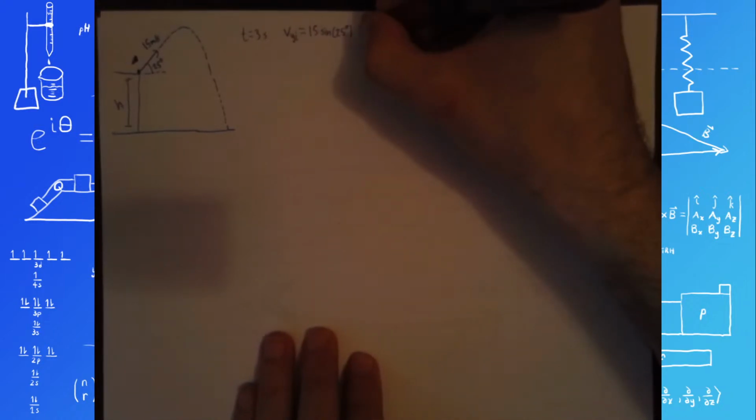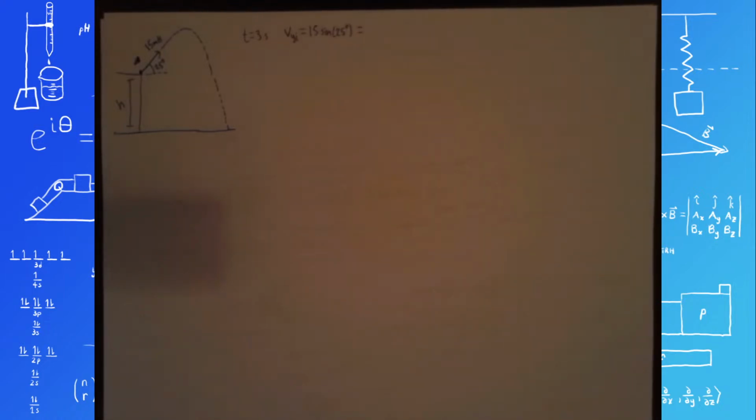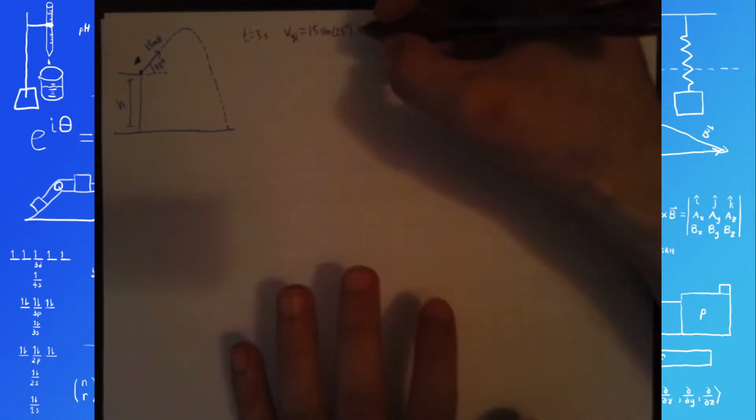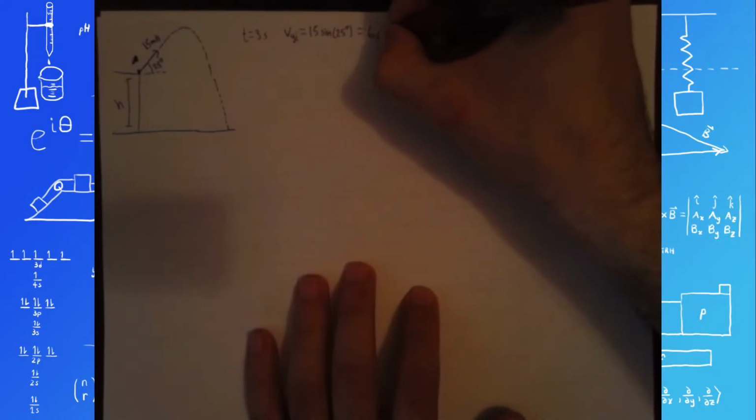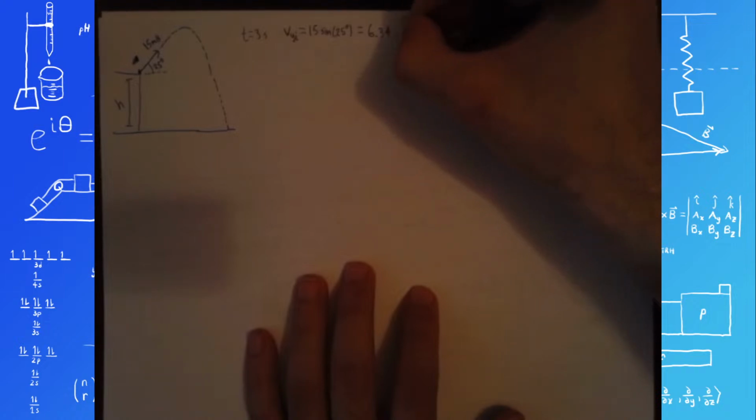degrees, which equals, according to my calculator, 15 sine 25 degrees is 6.339, so 6.34 meters per second.